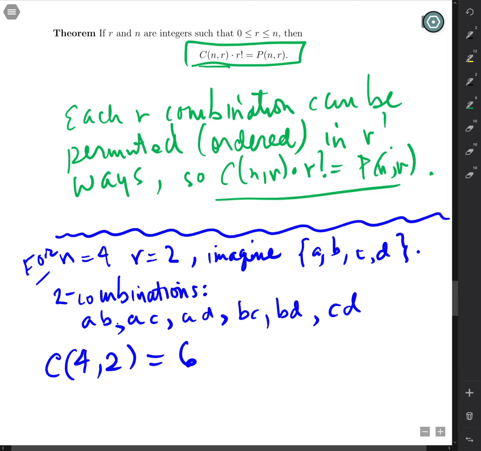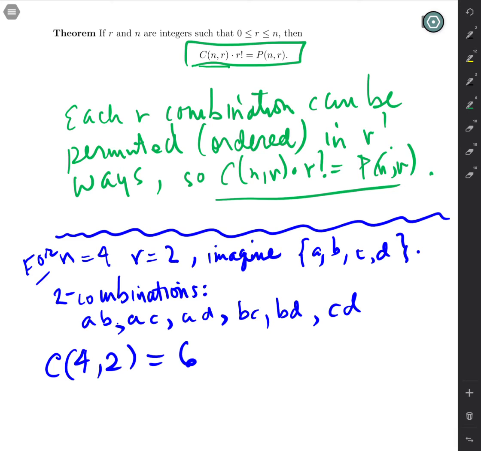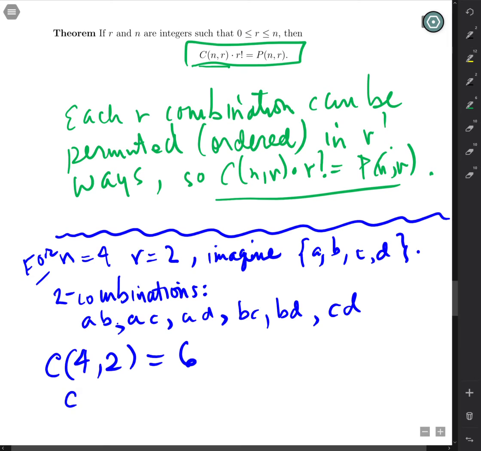This last formula we got in the previous video says that C(n, r) times r factorial is the same as P(n, r). So in this case, the special example would be C(4, 2) times 2 factorial is P(4, 2). Well, we know what P(4, 2) is. That's 4 times 3, or 12.